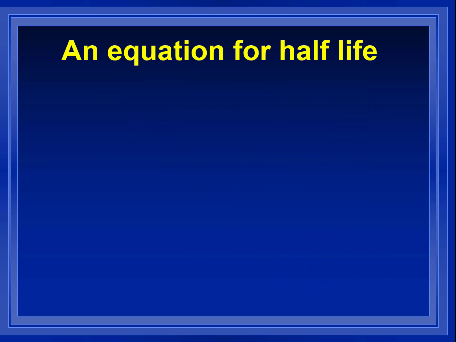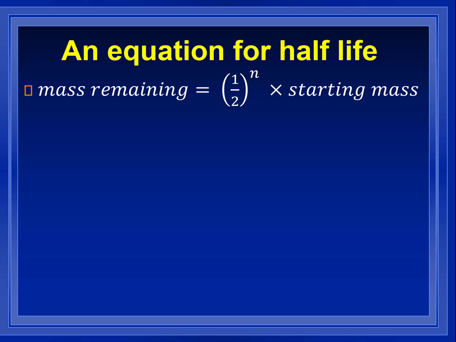So there's an equation behind it. There it is. The mass remaining equals 1/2 to the n times the starting mass, where n is the number of half-lives.